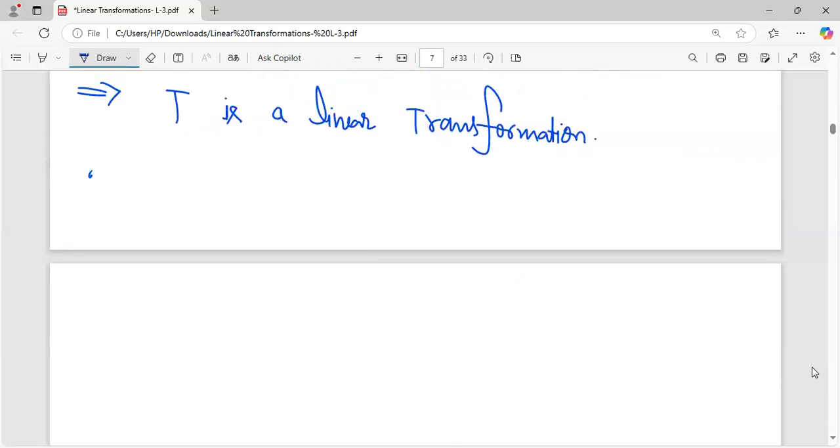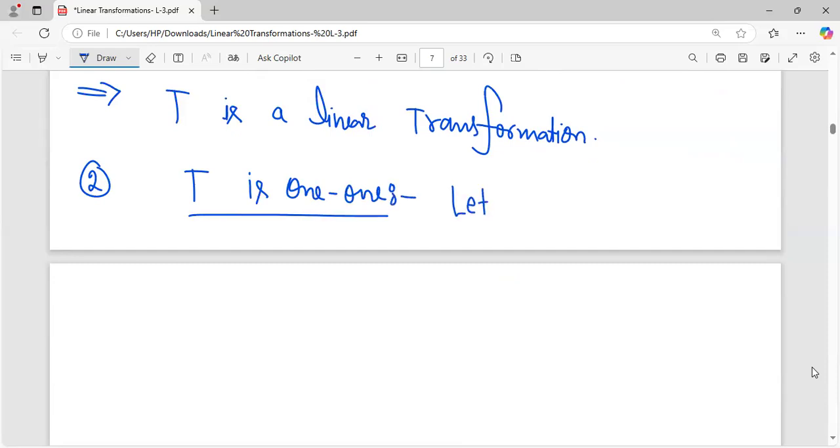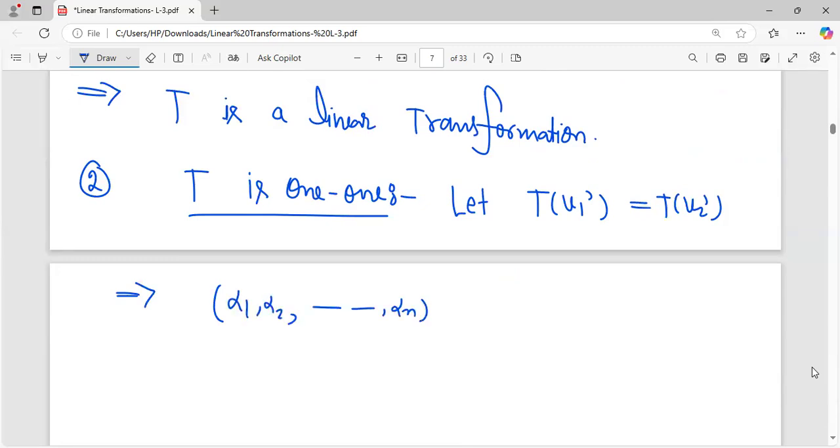Now T is 1-1. Let T(v1') is equal to T(v2'). Then this implies (alpha 1, alpha 2, ..., alpha n) is equal to (beta 1, beta 2, ..., beta n).